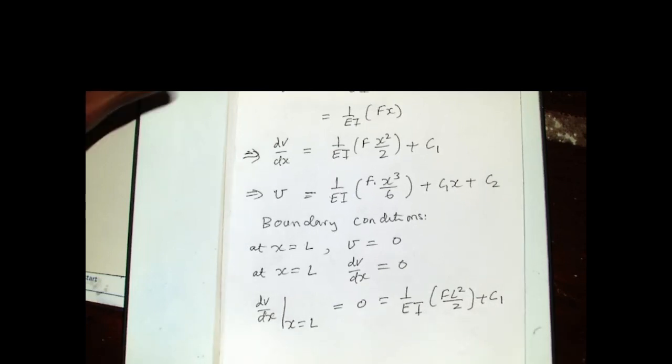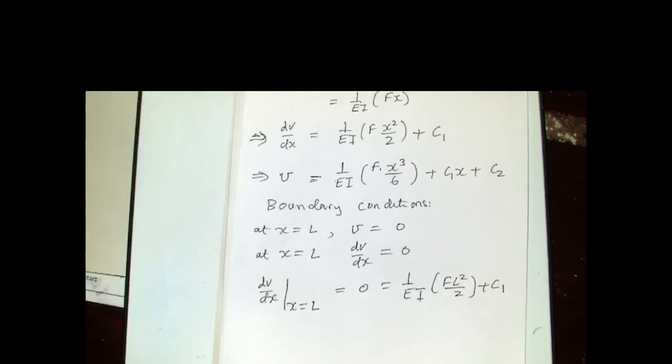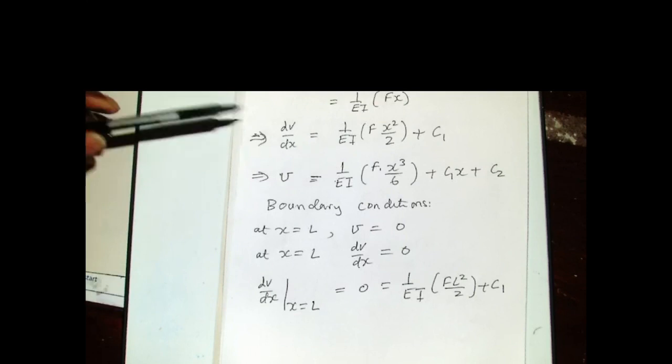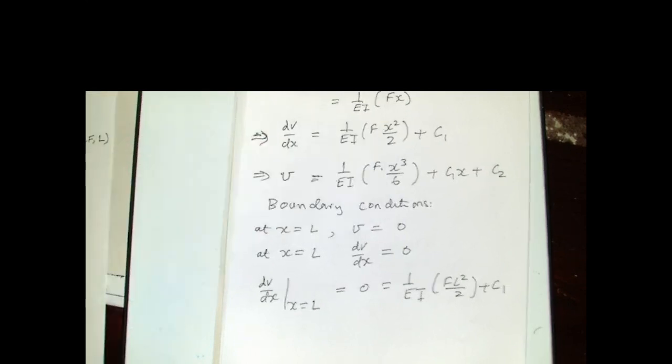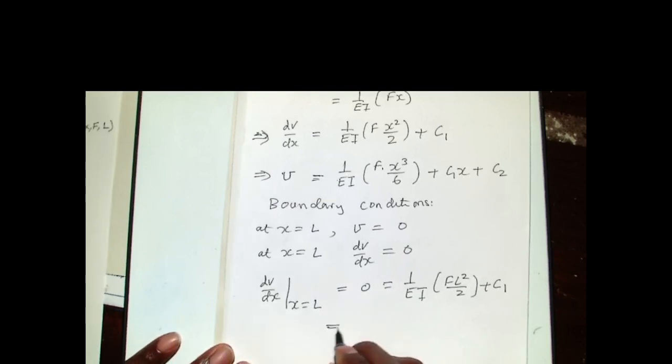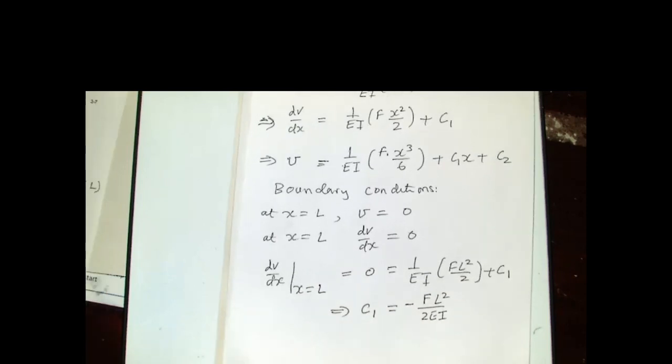Then I can find C1. All we've done is, instead of x squared, we now have x equals L. So what that means is that C1 equals minus F L squared all over 2 EI. Hope that's clear to everyone.